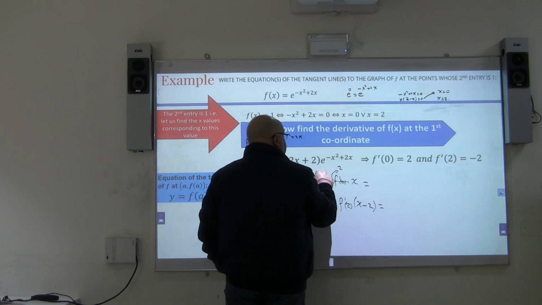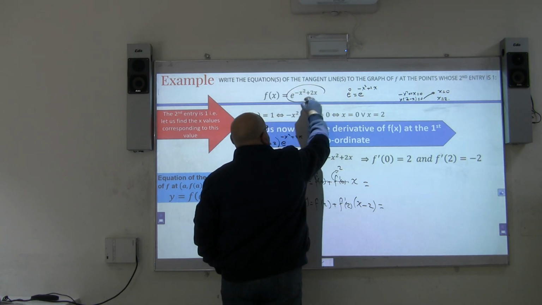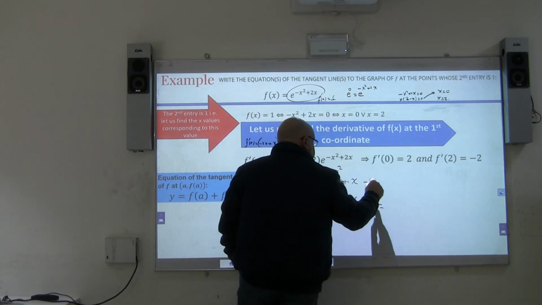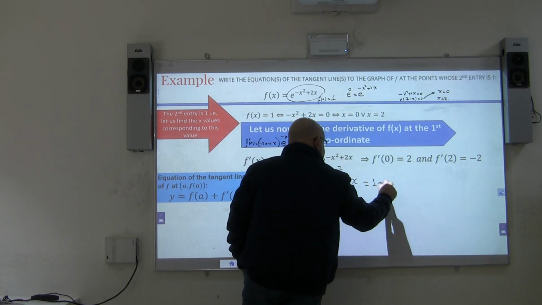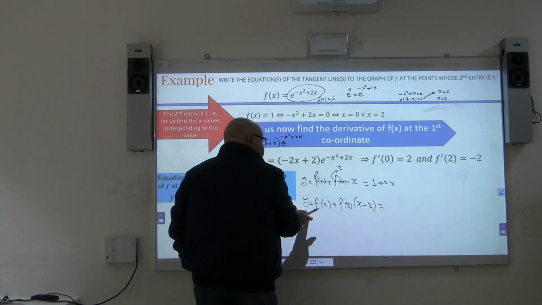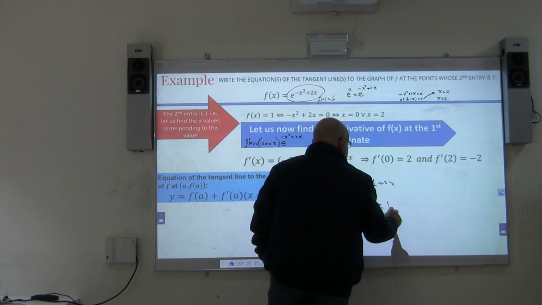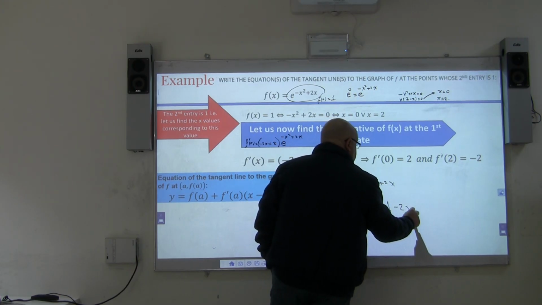And f at 0, I will need to evaluate. Let's evaluate this guy. f at 0 is going to be 1 plus 2x. For the second guy, f at 2, start to substitute. Also, it's going to be 1 plus negative 2x.